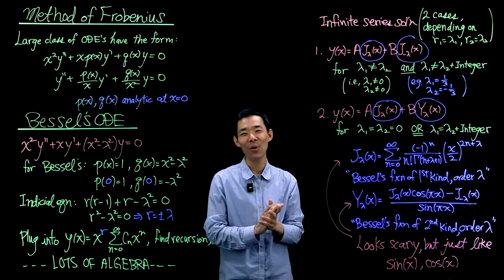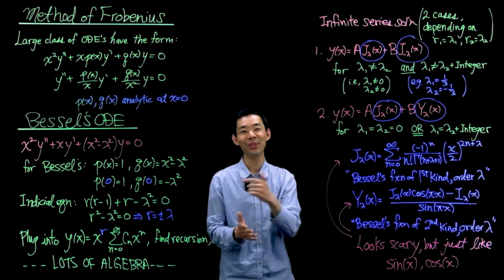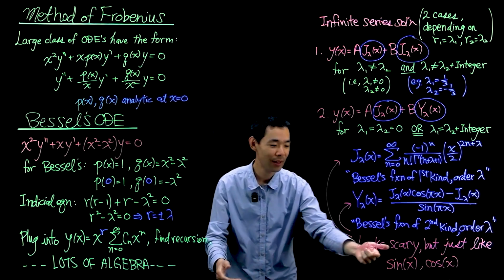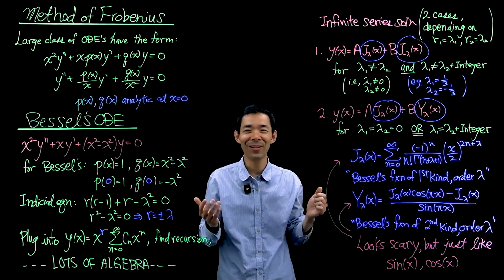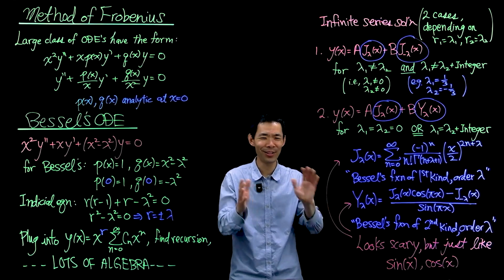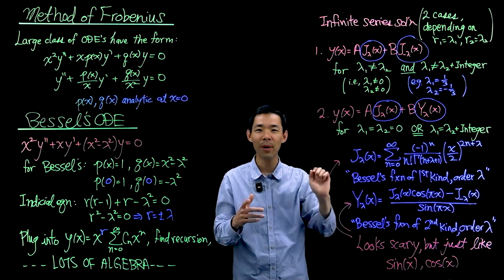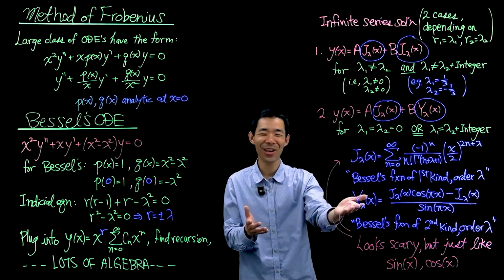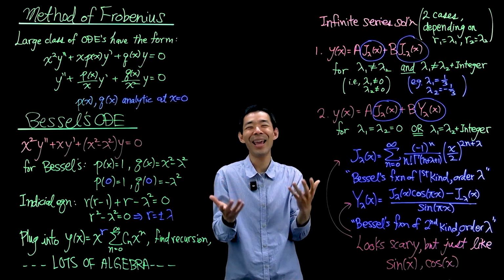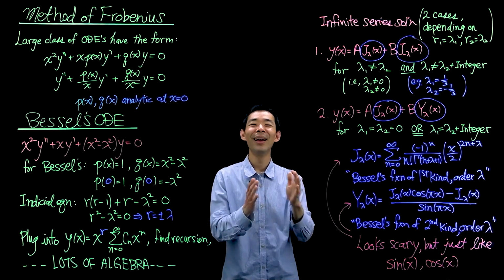If you didn't learn about sines and cosines in geometry back in middle school or early high school, and I just said, oh, there's this thing called sin, you'd be like, what are you talking about? It's really spooky to me. It represents this infinite summation of a bunch of polynomials. Well, it's the same thing for J lambda and Y lambda. It's just a name given to a bunch of polynomials added together.